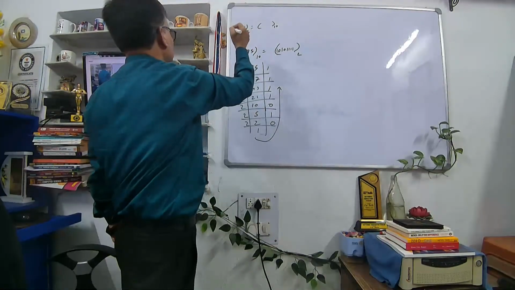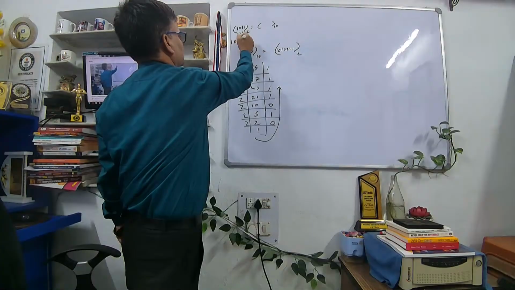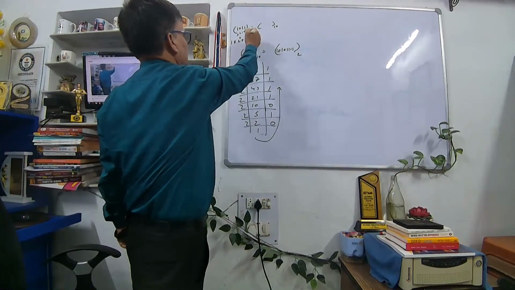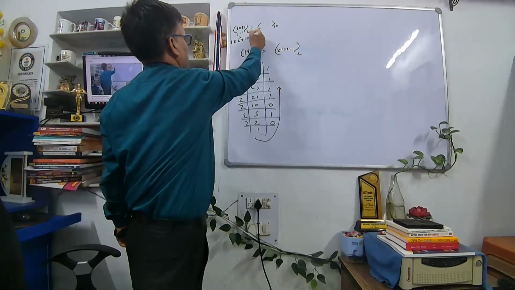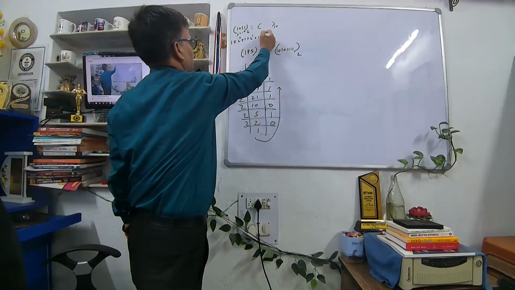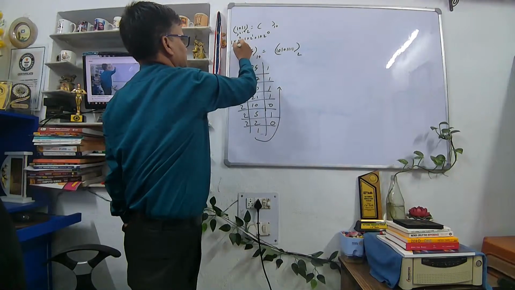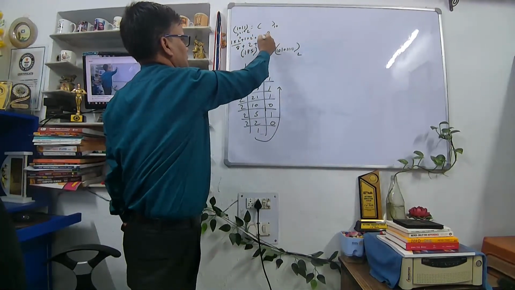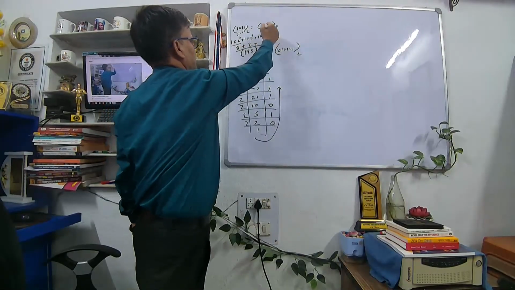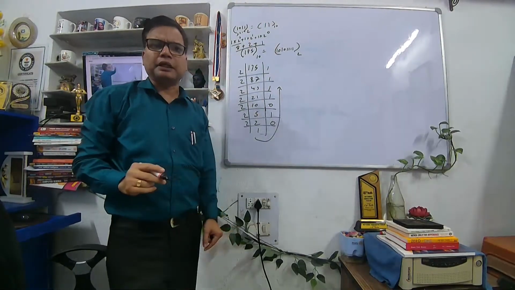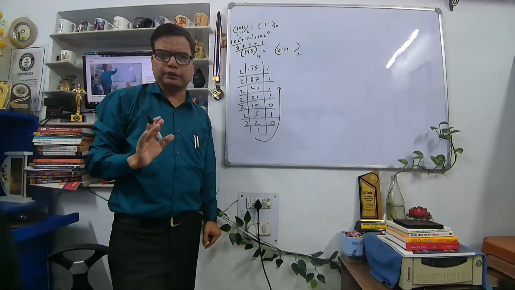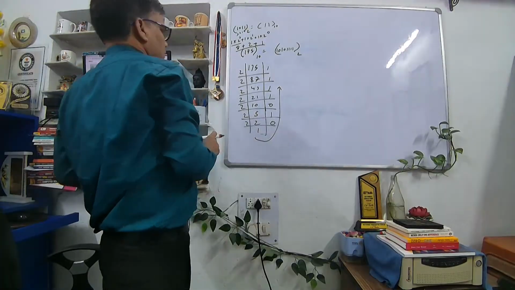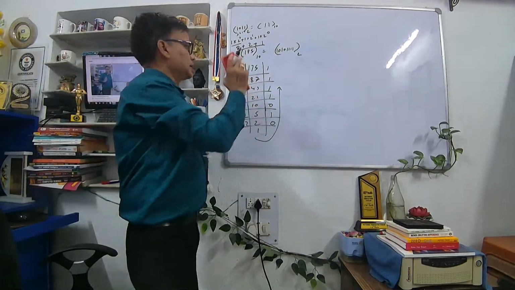I start from here: 1 into 2 to the power 3 plus 0 into 2 to the power 2, which is 0 since 0 into any number is 0, so I leave it, plus 1 into 2 to the power 1 plus 1 into 2 to the power 0. 2 to the power 3 is 8, 2 to the power 1 is 2, 2 to the power 0 is 1. So 8 plus 2 is 10, plus 1 is 11. So decimal to binary and binary to decimal should not be a problem, right?